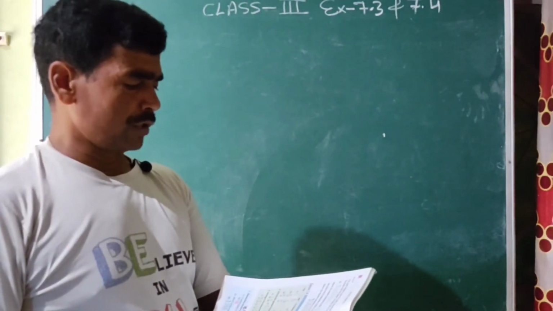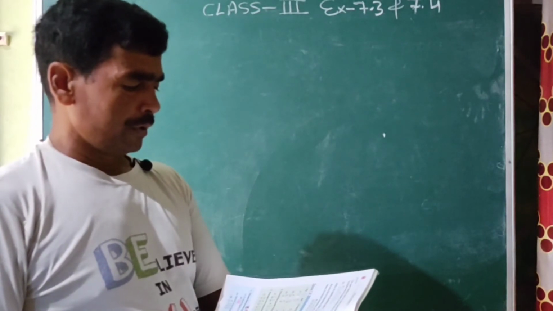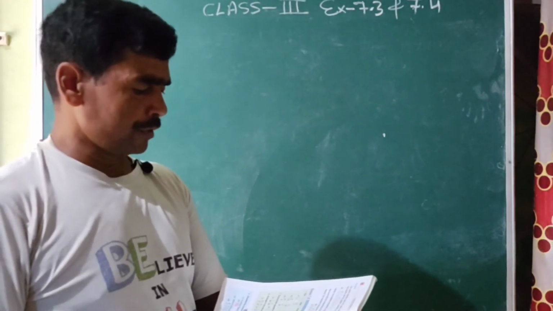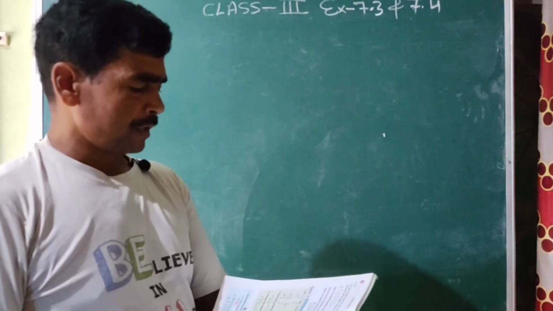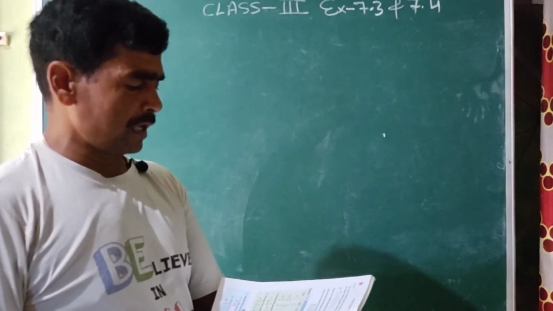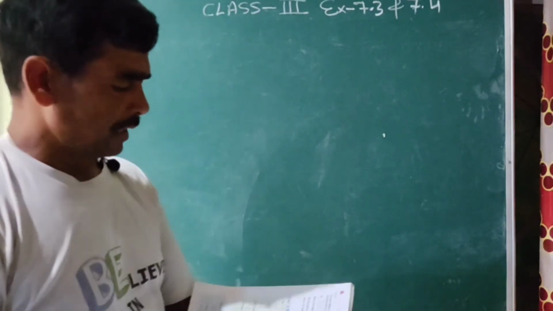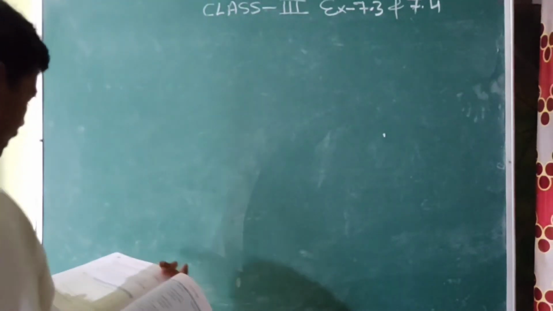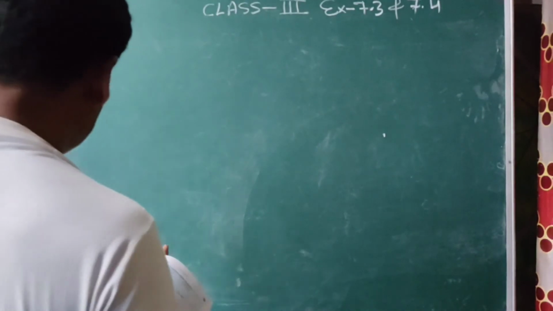This question you will do in your book because space is given there. So 7 upon 11 is smaller than 9 upon 11. So for that you will put the sign.